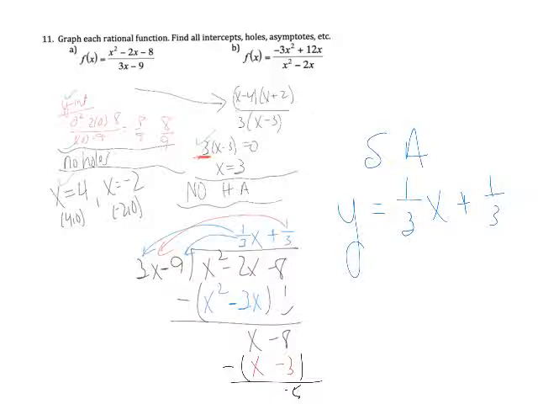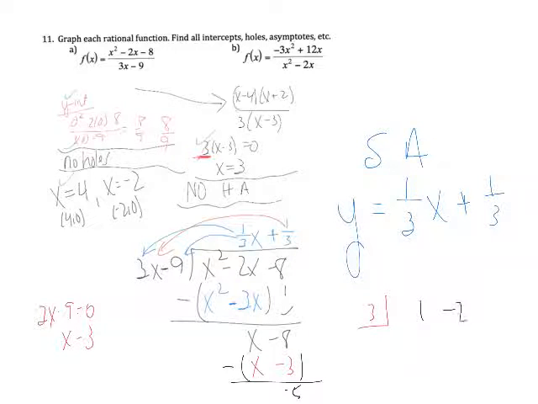You can also do this with synthetic division, right? What you're going to divide by is 3x minus 9 equals 0. You solve that, you get x equals 3. When you go to do your division, the 3 is what's going in the little box. Ultimately, you will have to divide everything by 3 when you get that.